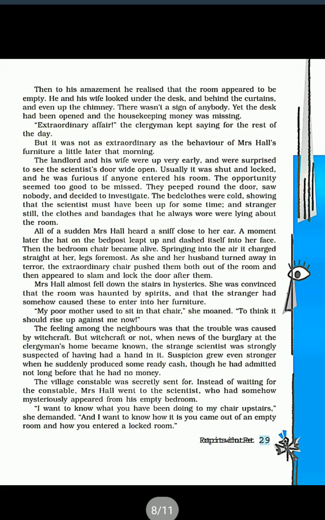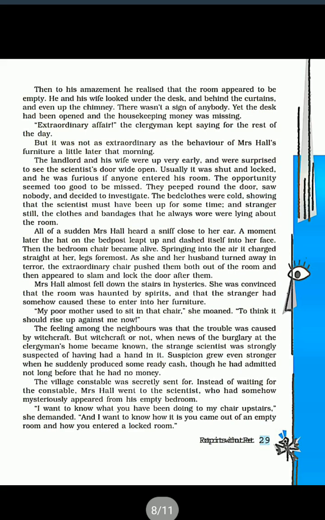The landlord and his wife, Mrs. Hall, woke up very early. They found Griffin's door wide open. Usually it was shut and locked. They peeped around but found nobody. They found Griffin's clothes and bandages lying about. All of a sudden, Mrs. Hall heard a sniff close to her ear. Sniff means a voice.